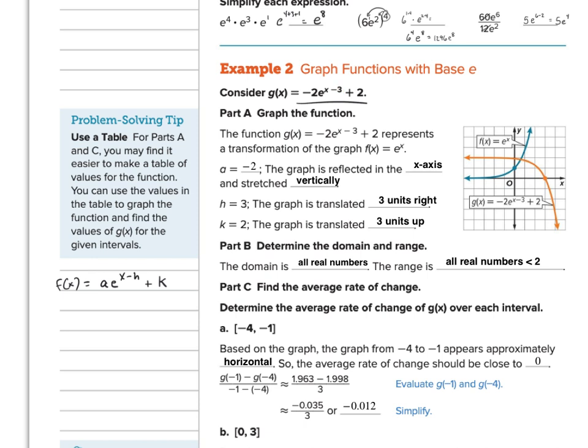We know that the h value moves it left or right on the number line, and then we know that the outside k value makes it move up or down, or that's like my y-intercept.